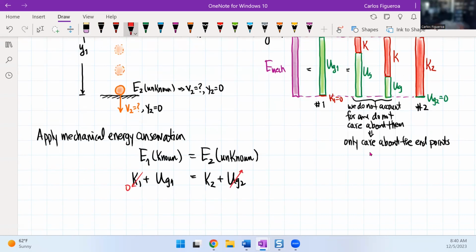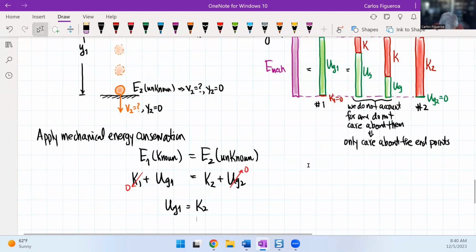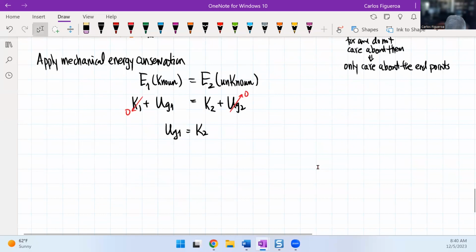And we knew that this was 0. So my bar diagram really tells me that I could have gone directly to this guy right here. So now this equation sets up the conditions for me to solve for the speed at the bottom.